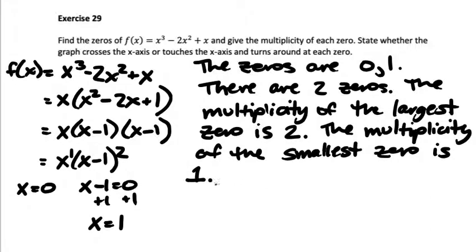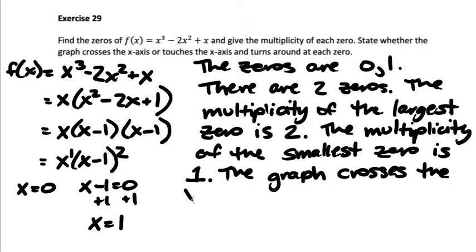And then what does that tell us about the graph? The graph crosses the x-axis at any zero whose multiplicity is an odd number. The multiplicity of the smallest zero is 1, the smaller zero is 0, and so the graph crosses the x-axis at 0.